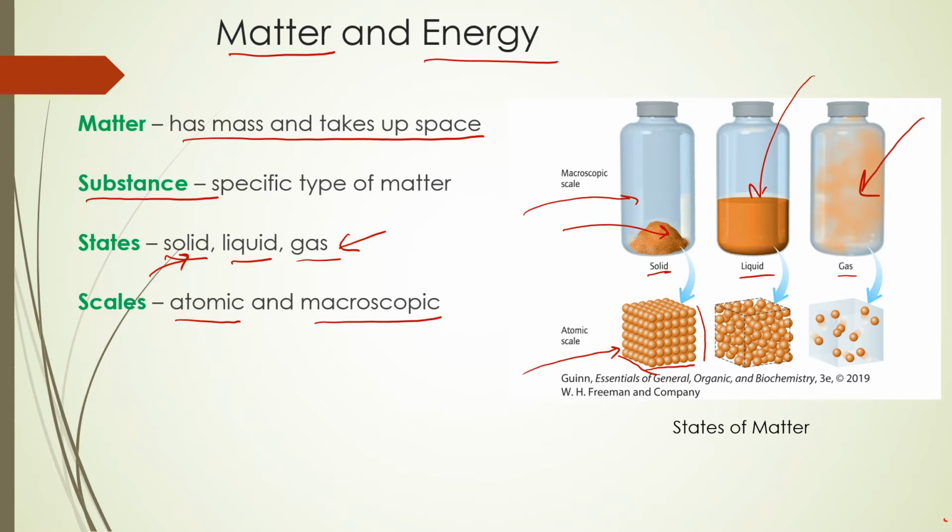Now, at atomic scale, if we look at the liquid state, we will see that in liquid state, the particles are not as rigidly connected to each other, hence they can move around. Therefore, liquid does not have any fixed shape.